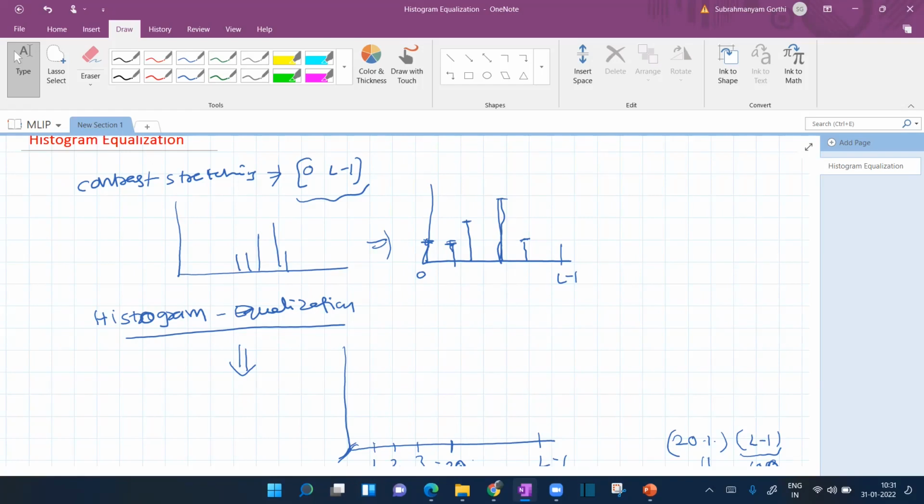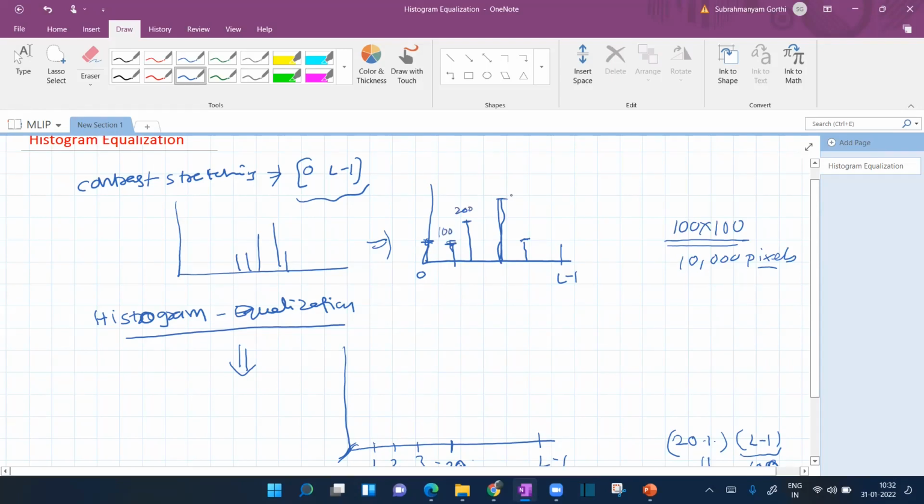That's all. Very good. Suppose I have a 100 by 100 image, that means I have 10,000 pixels. Out of 10,000, this bar might have 100, this 200, 300, and so on.